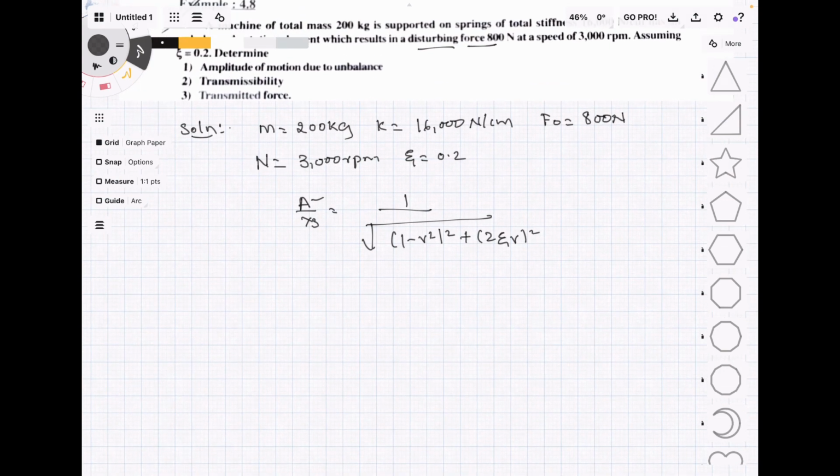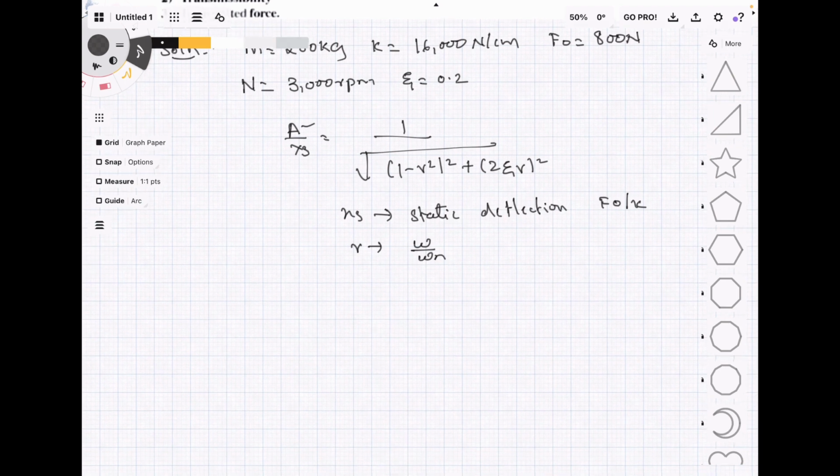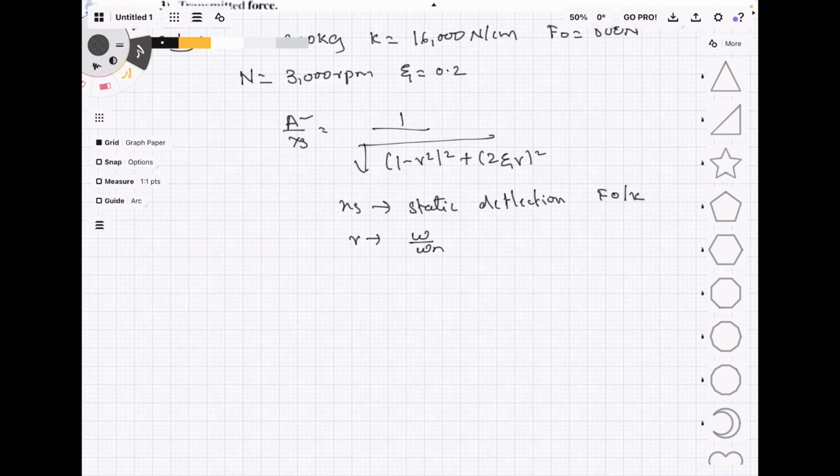Here xs is nothing but the static deflection, which is basically given as F naught by K. In order to do this, the r value is nothing but omega upon omega n. We need to find out the values of all these and then substitute here to get the value of amplitude. For this, first we need to get the value of r.